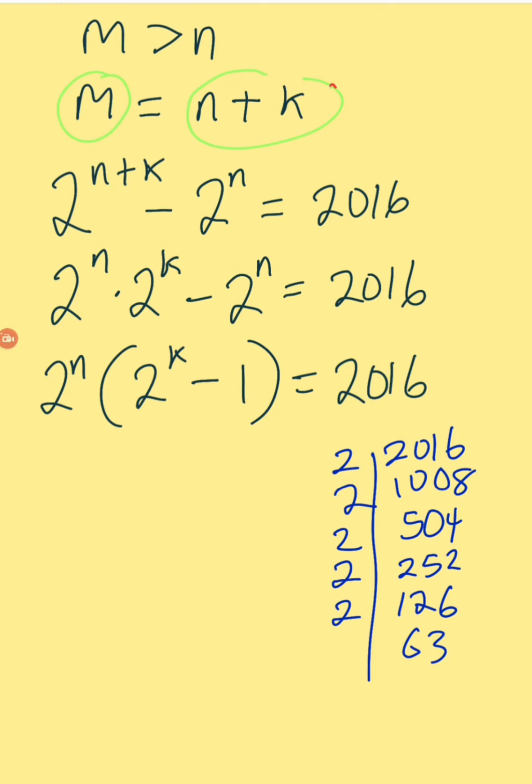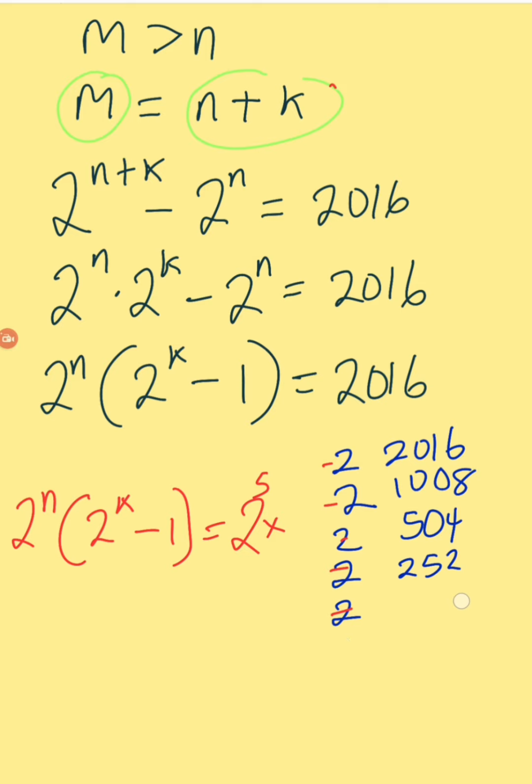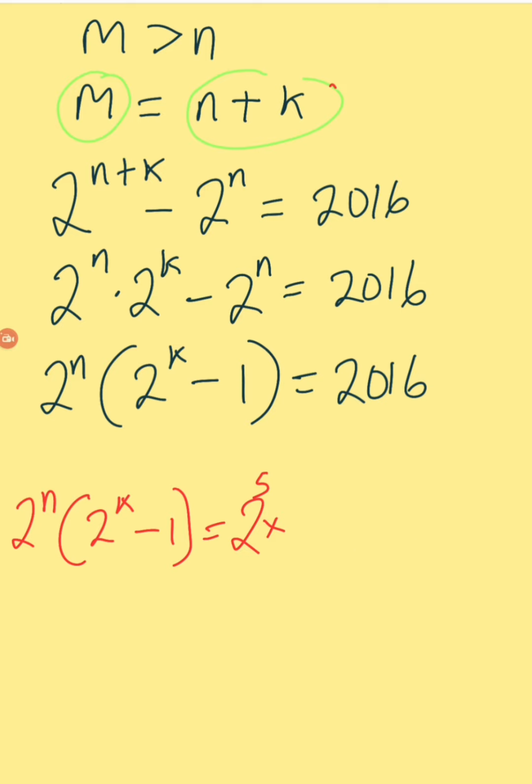So we continue: 2 to the power of n times 2 to the power of k minus 1 is now equal to 2 to the power of, how many 2's do we have here? 1, 2, 3, 4, 5. Then multiplied by 63.